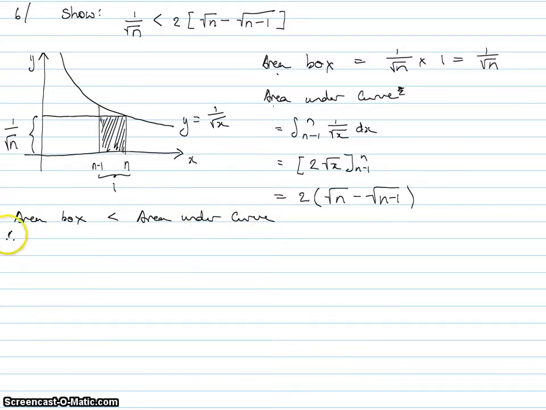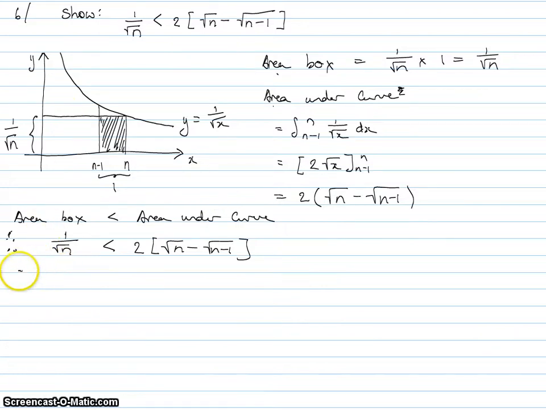Therefore, 1 over root n is less than 2 times root n minus root n minus 1. From this we're asked to deduce that if we summed up all of our 1 over root n's, it would still be less than 2 times the square root of n.